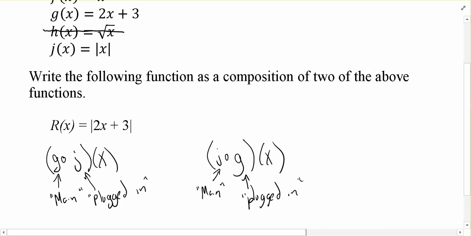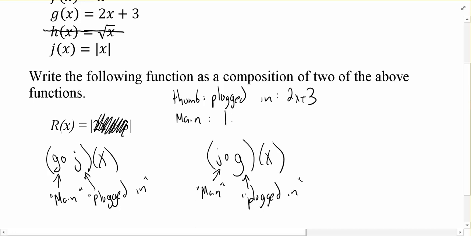If I were to put my thumb over a portion of it, the thumb, or the plugged in, was the 2x plus 3. So that means the main thing, or what was left, was the absolute value.